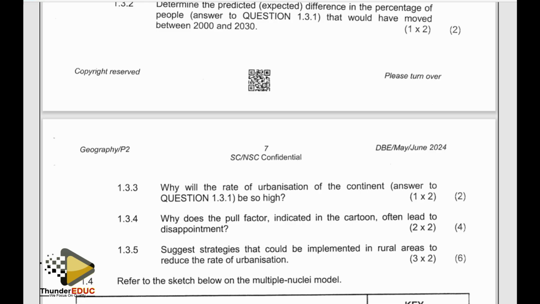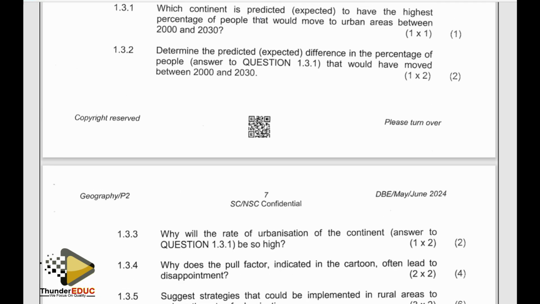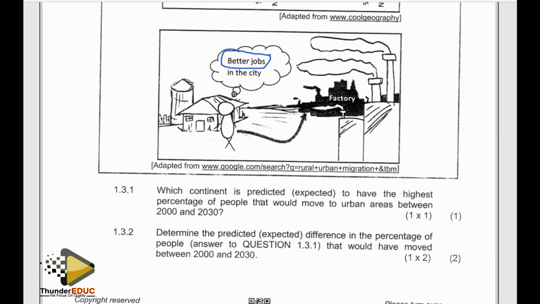Right, the first thing that you need to note is there are limited jobs available in the cities and in the towns. This mentality here doesn't hold the reality.